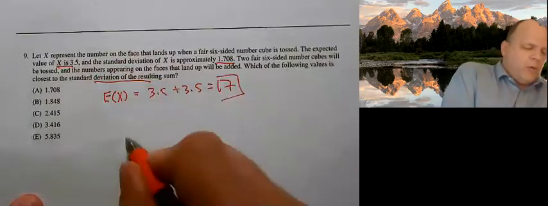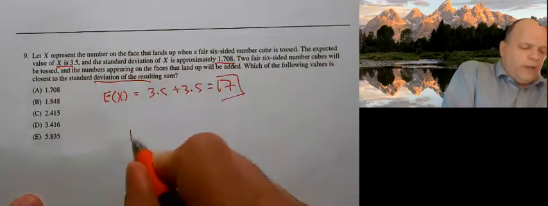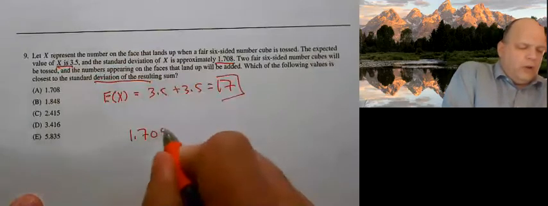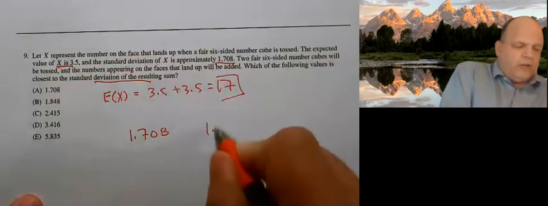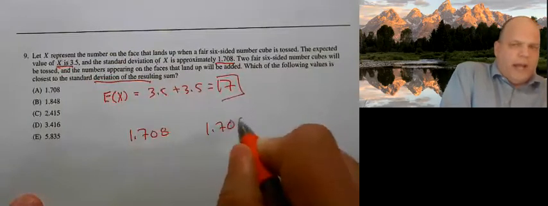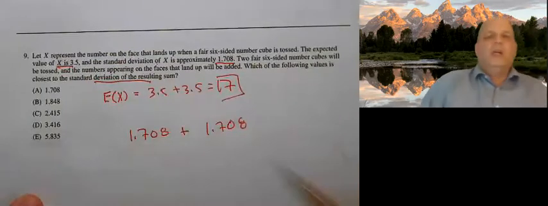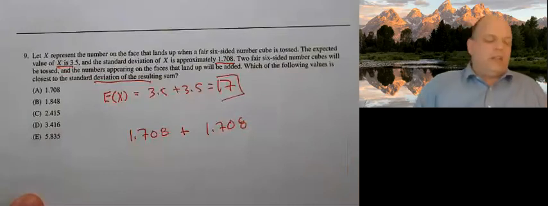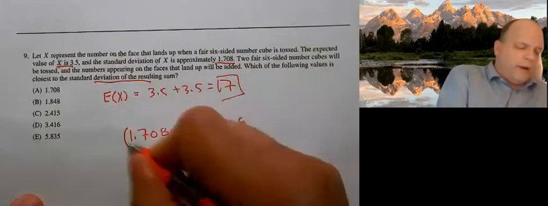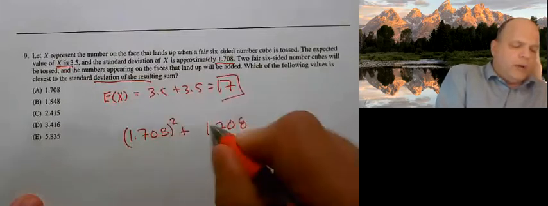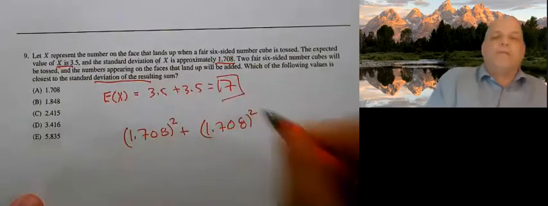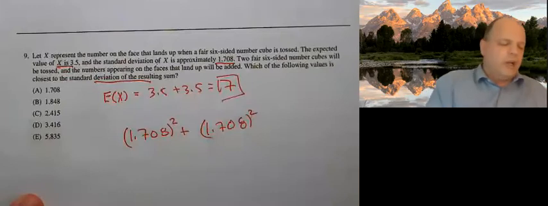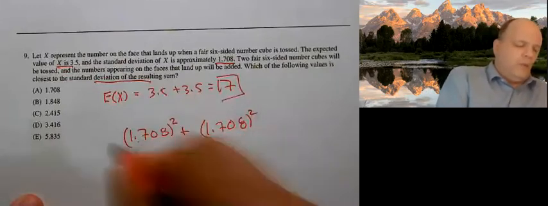They're like, okay, we're going to add them. So I want to go standard deviation of the first die, and I have a standard deviation of the second die. Now they're asking me to add, so my initial impulse is just to do that. But we cannot add standard deviations directly. The very first thing we must do is convert them to a variance by squaring them.